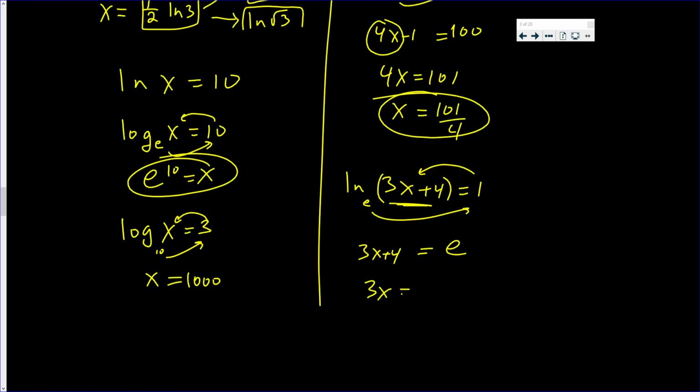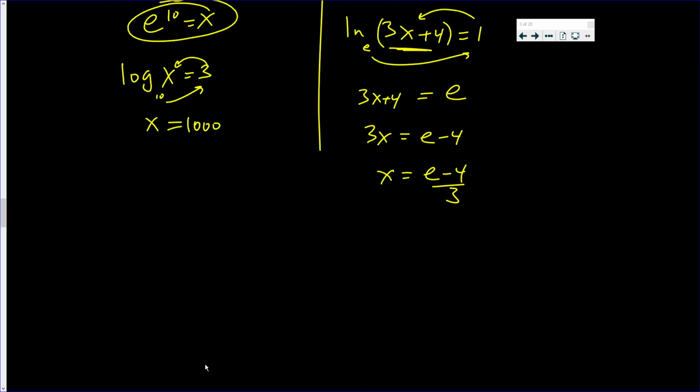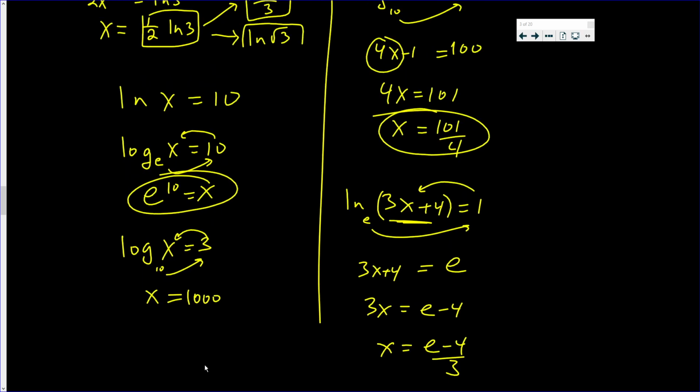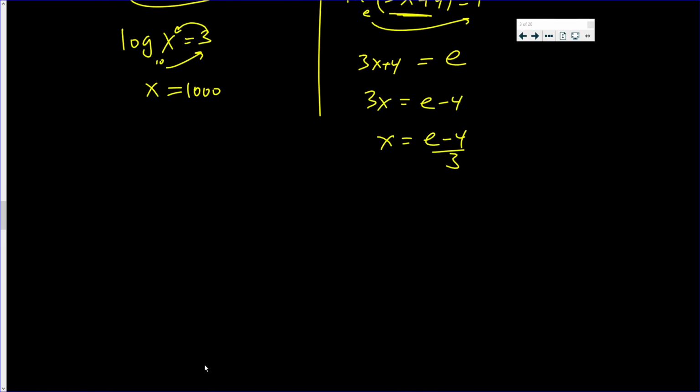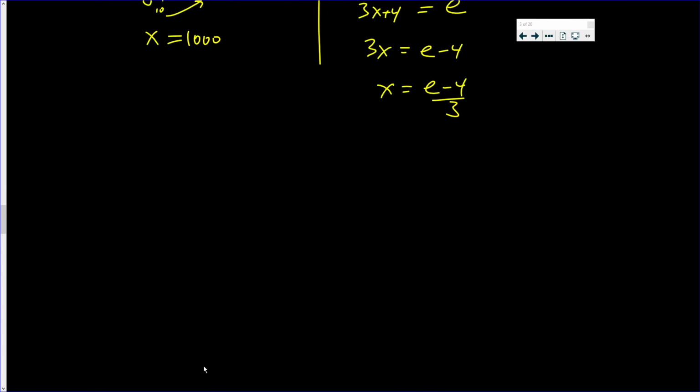So taking away 4 from both sides, 3x is e minus 4. And now I divide both sides by 3. x is equal to (e minus 4) divided by 3.